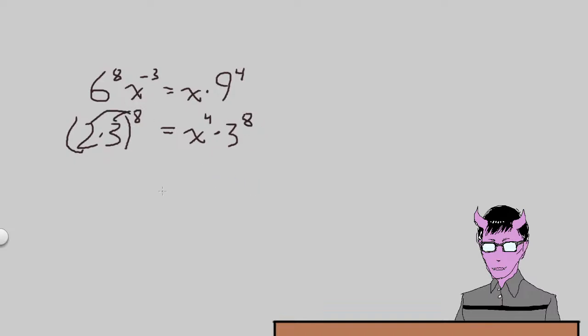But first, distribute. We have 2 to the power of 8 times 3 to the power of 8 is equal to, copy paste. This one, of course, cancels perfectly with that one. And we have the 2 to the power of 8, x to the power of 4.